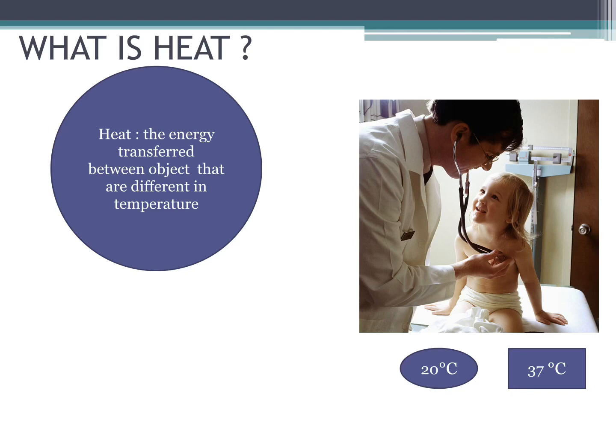Why do some objects feel hot, and other objects feel cold? When we have two objects, like your skin and the stethoscope, at different temperatures, and they come in contact, energy always transfers from the object that is higher in temperature to the object that has lower temperature. When the doctor touches your back or your chest with the stethoscope, the energy is transferred from your skin to the stethoscope because your skin obviously has the higher temperature.